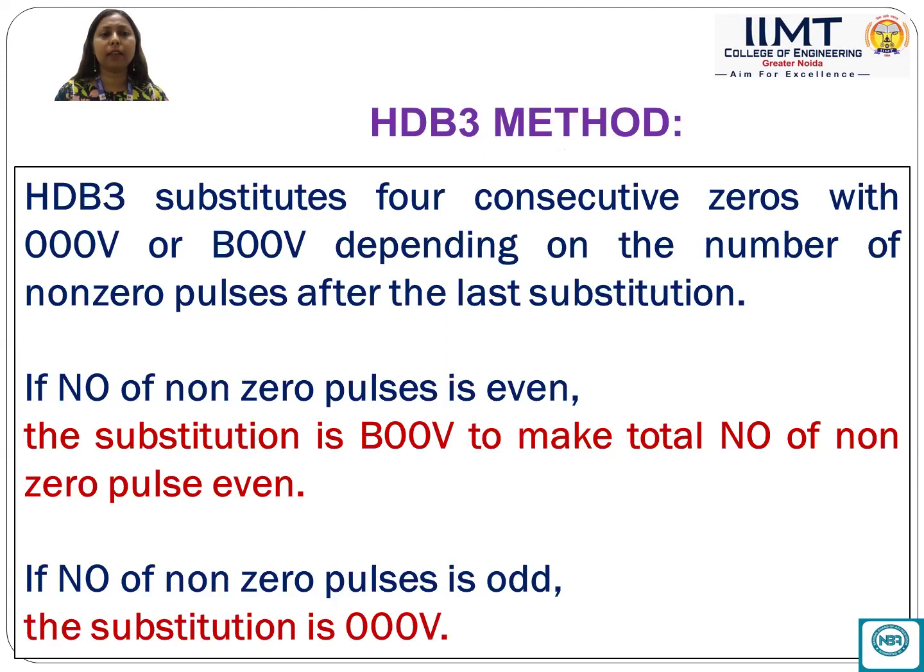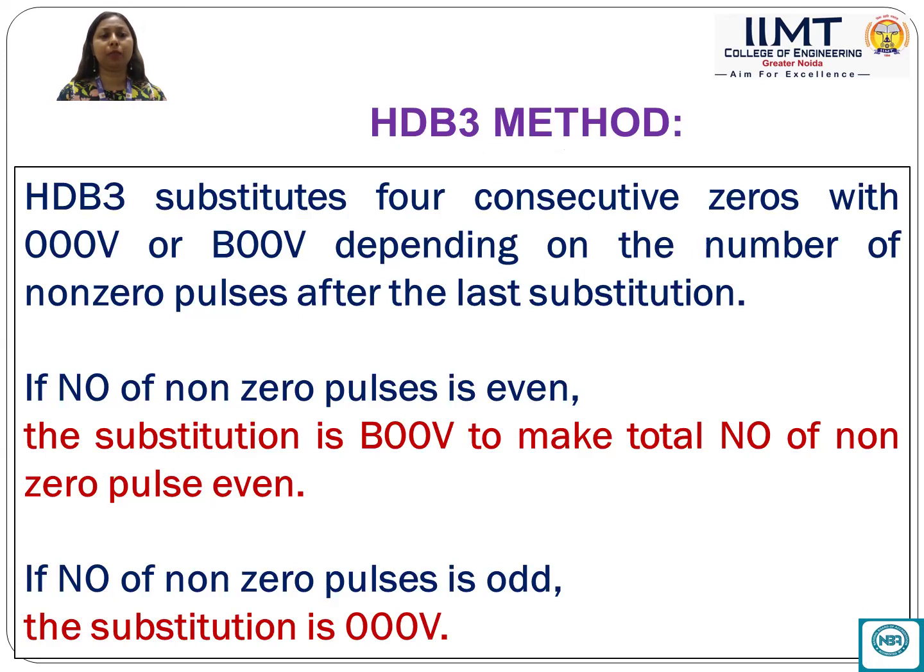Then the another technique of scrambling, that is the high density bipolar 3 method. In this method, we can substitute the four consecutive zeros with 00V. V means violation, or B00V, that means bipolar 00 violation.